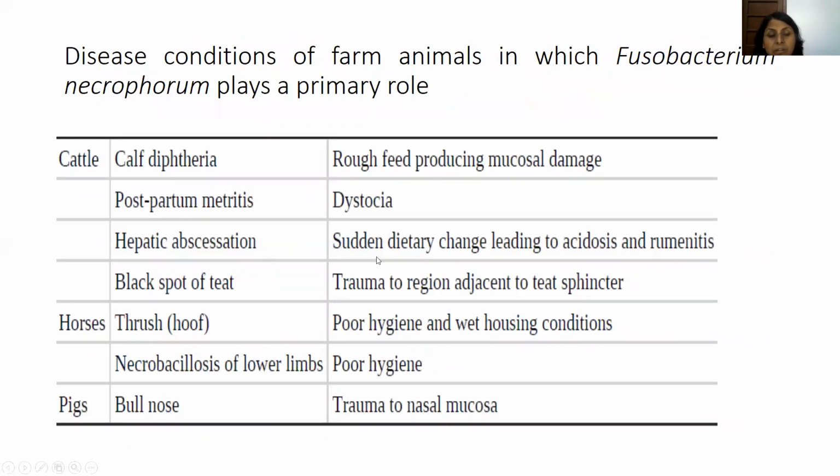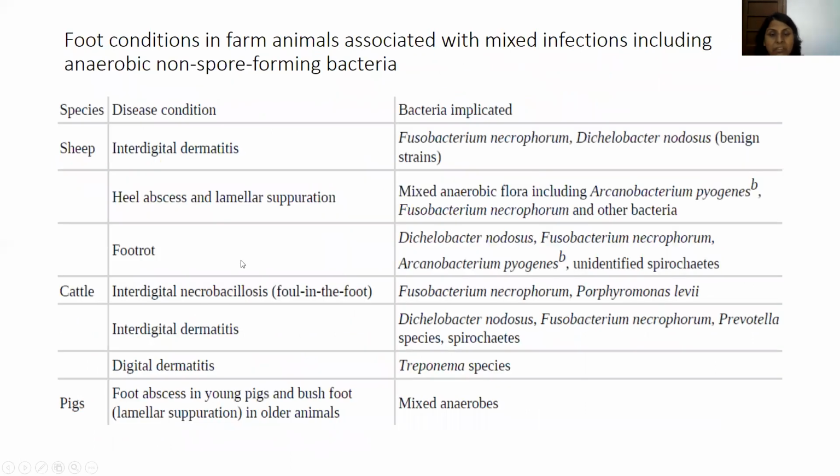These are some of the important diseases associated with Fusobacterium necrophorum, like diphtheria, postpartum metritis, hepatic abscess, and black spot of the teeth. In the case of horses, thrush and necrobacillosis of the lower limb, and in the case of pigs, they cause bull nose.